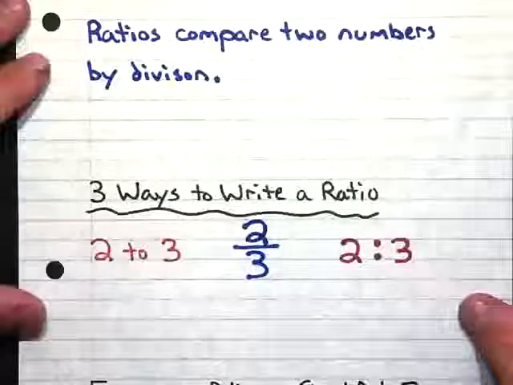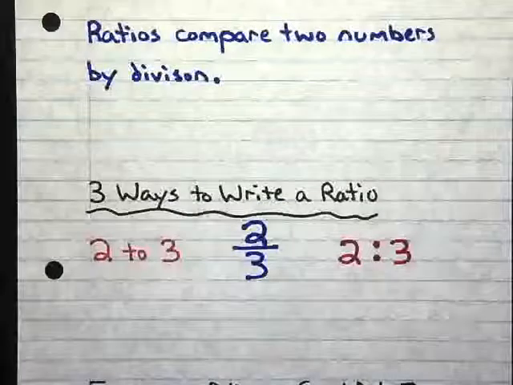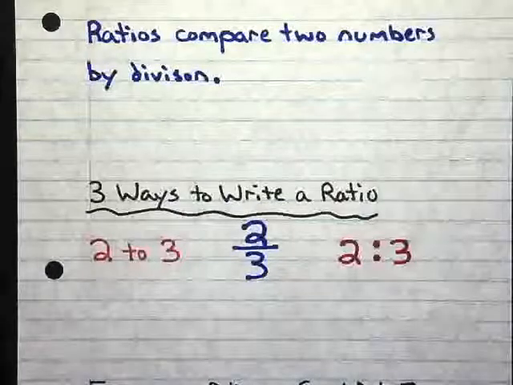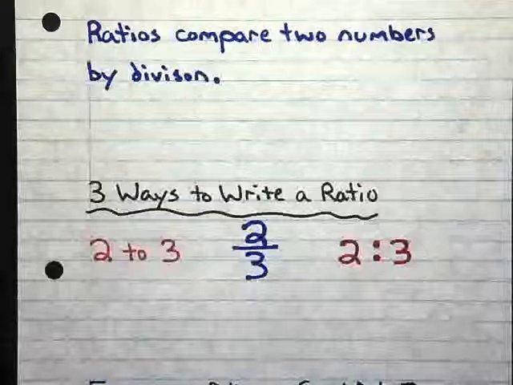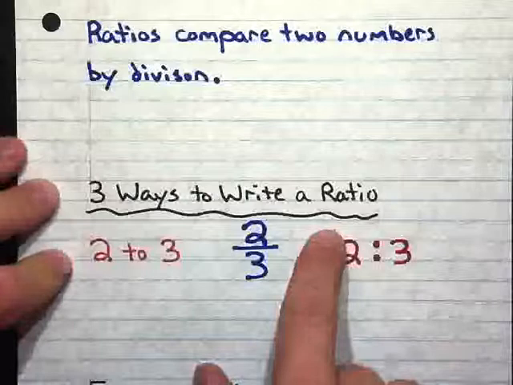So let's go ahead and take a look at what a ratio is. A ratio compares two numbers by division. Okay? And you can see here that we have three ways that we can write a ratio.